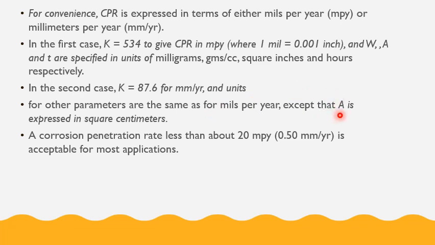The A unit in this case will be square centimeter. Other units will be the same, like weight in milligram, density in gram per centimeter cube, but area will not be the same, and time will be in hours. A corrosion penetration rate less than about 20 mils per year is acceptable for most applications because it is a very slow corrosion rate.